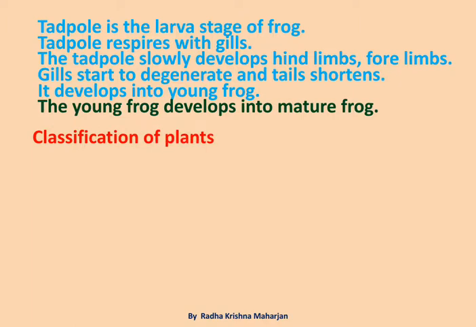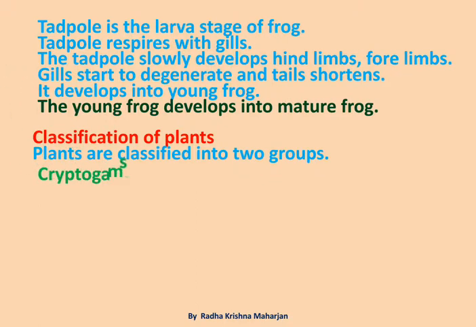Classification of plants. Plants are classified into two groups: cryptogames, phanerogames. Cryptogames.